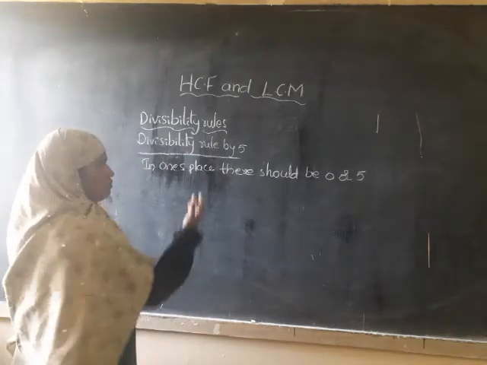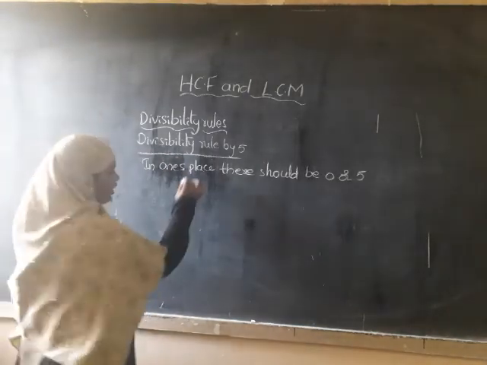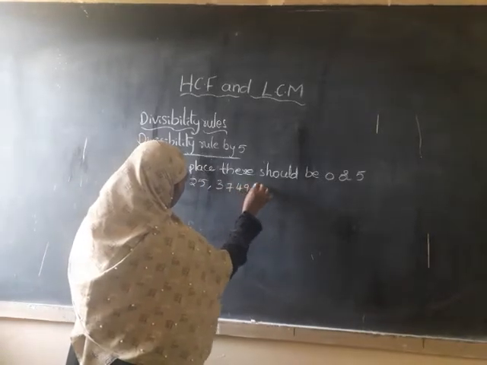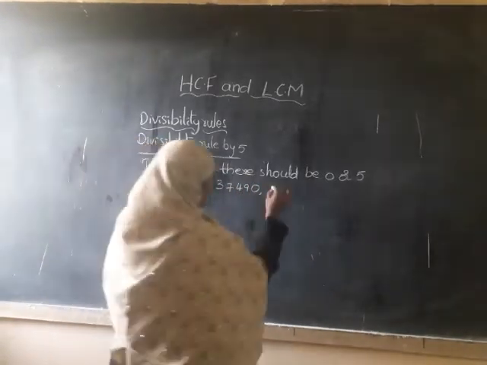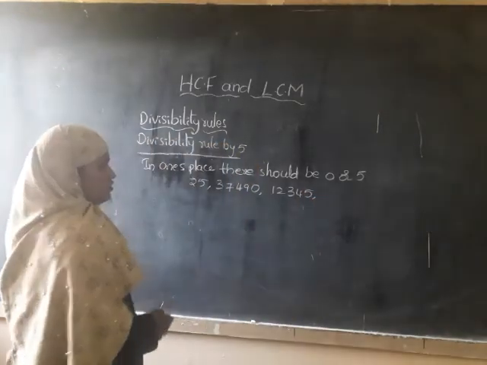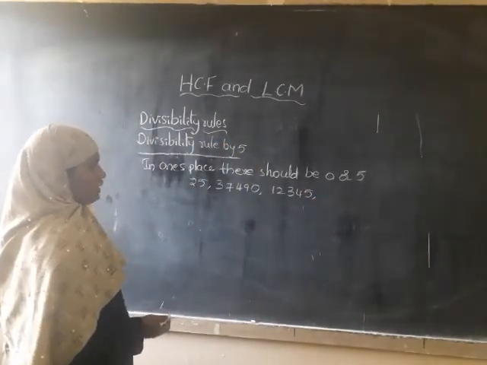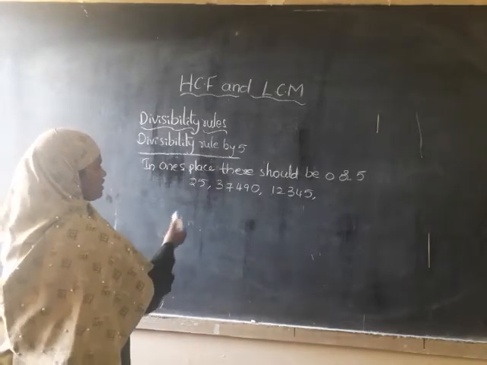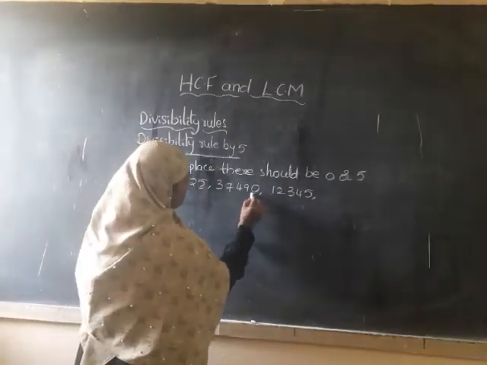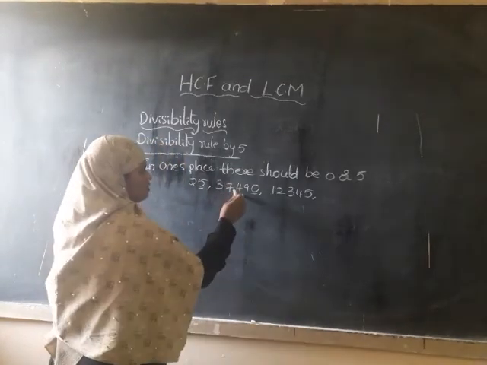Then the numbers are completely divisible by 5. So take 25, 37, 49, 10, 23, 45. These numbers are completely divisible by 5. Why? Because in one's place there is a 5, so it is divisible by 5. In one's place there is 0, it is also divisible by 5.